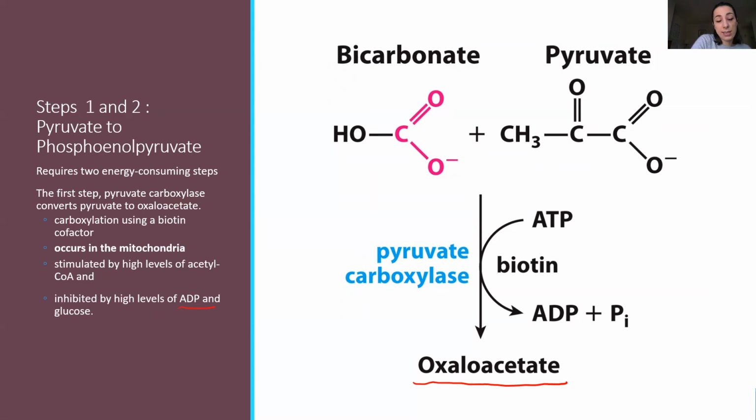So this again makes sense because if you have high ADP, that means you are low on energy. That means you do not want to be spending energy to build up glucose, right? You actually want to be breaking down glucose. Also, if you have high levels of circulating glucose, you do not need to start building up glucose again. So this is an example of when one of the products of a reactant inhibits the beginning stages.